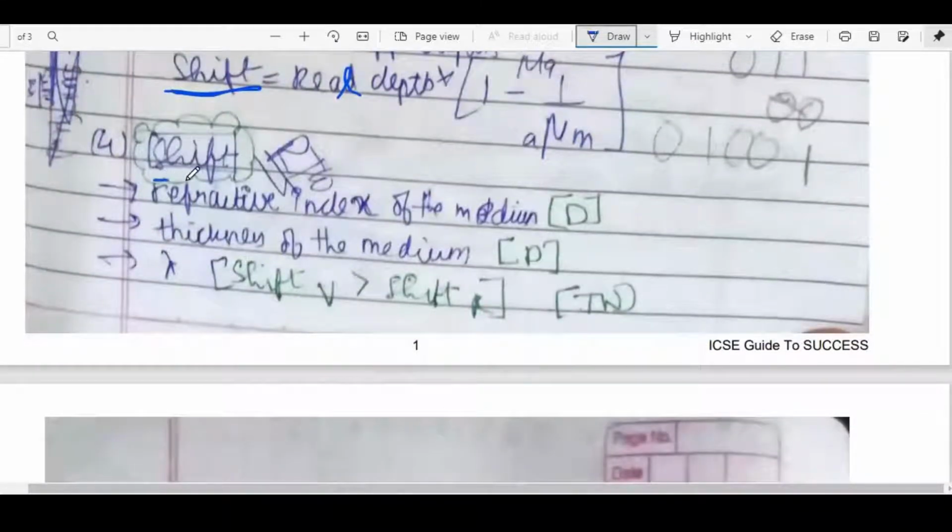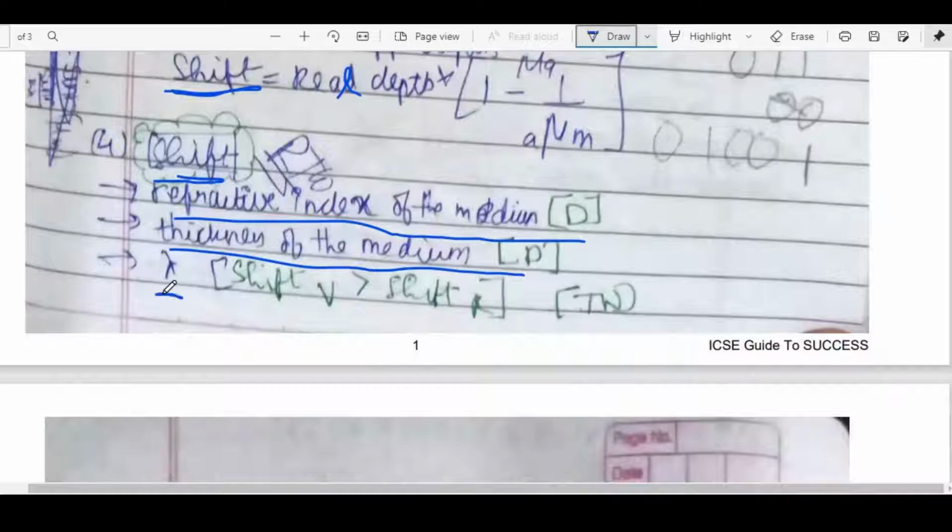For shift, the refractive index of the medium is directly proportional, the thickness of the medium is directly proportional, and the wavelength is inversely proportional to the shift. Therefore, the shift of violet light is greater than the shift of red light. You can remember it by RTW.